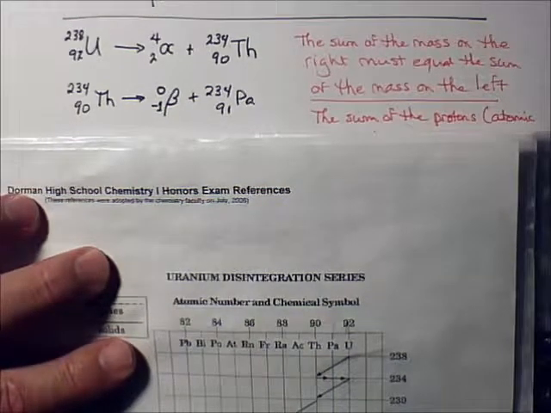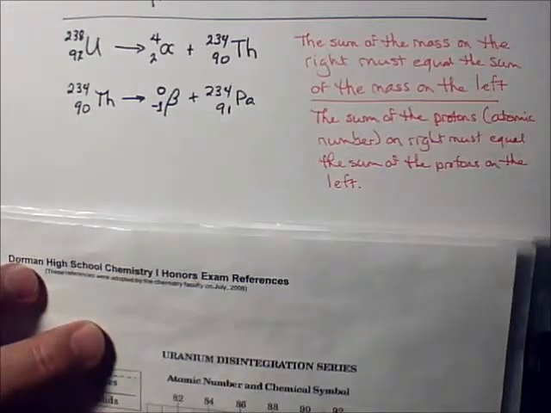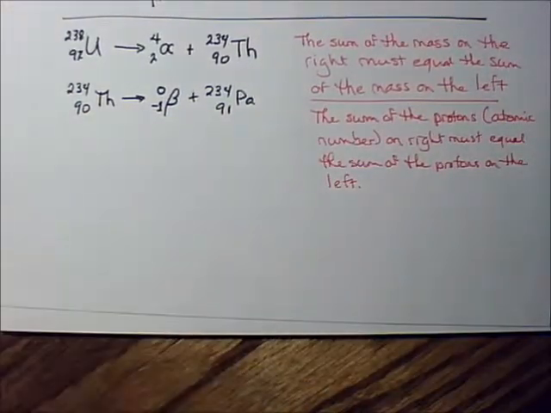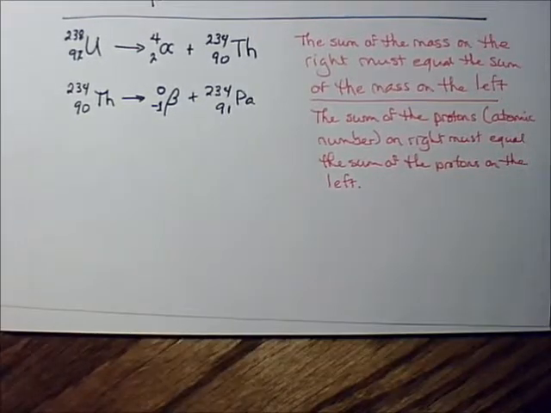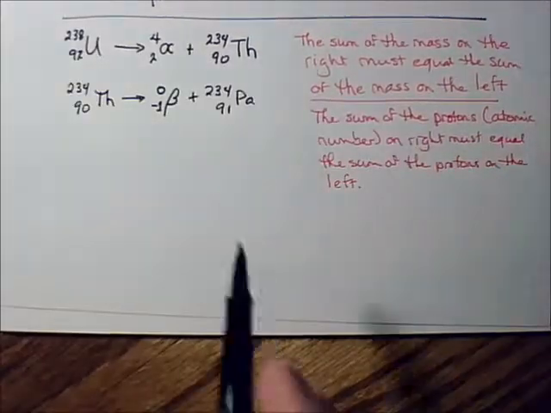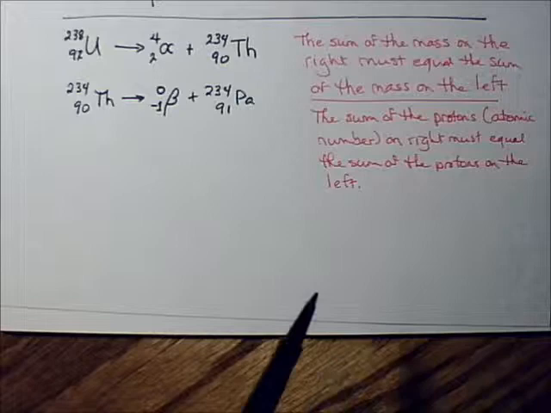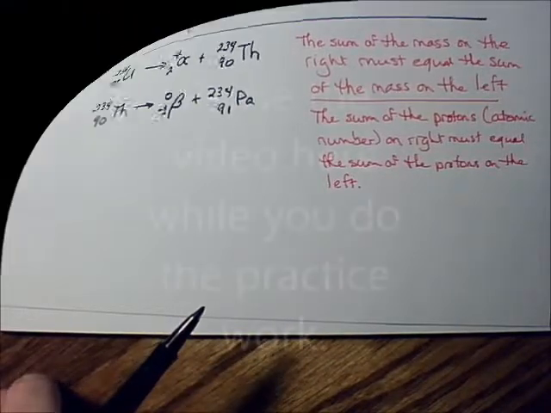Then what does protactinium do? Another alpha decay. Write that equation. Protactinium-234 goes through alpha decay. You know that by looking at the decay series here. Finish the equation now.